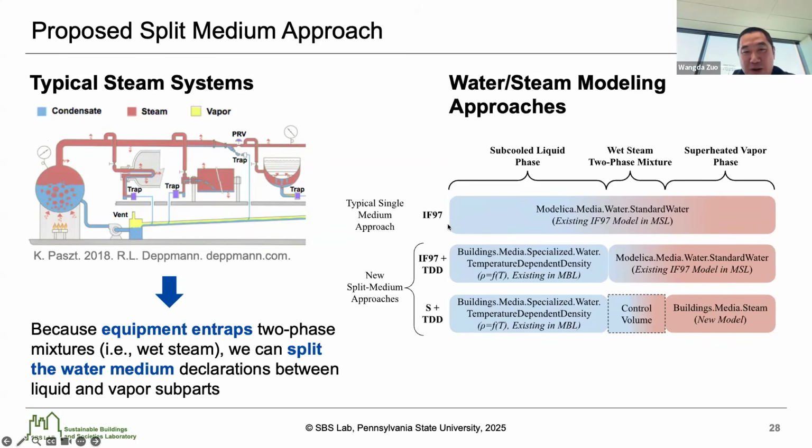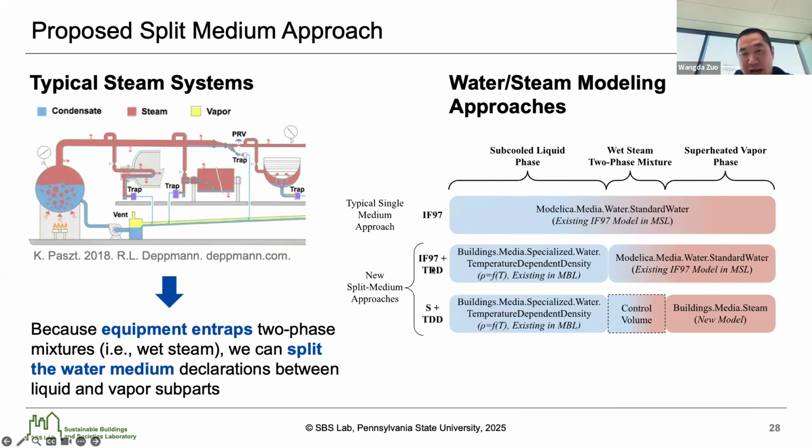And then what we propose here is, since we don't really care about the two-phase mixture process inside the boiler, let's just do one medium each. For example, we can use a simplified water model with temperature dependent density to study the subcooled liquid phase, and then use IF97 to study the vapor phase.